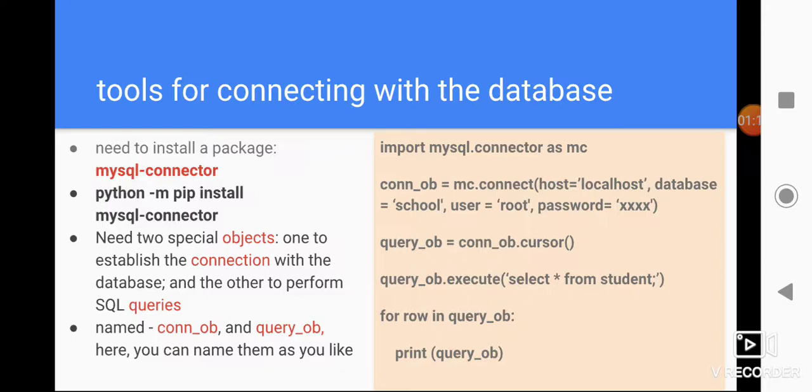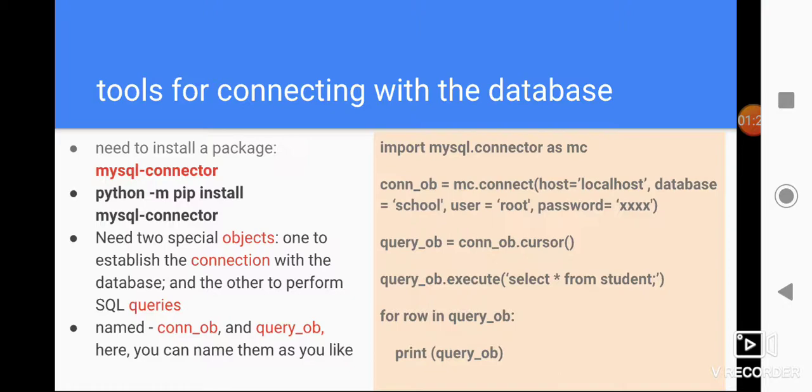Once this package has been installed, you have to import the MySQL connector module from this package into your program using the import statement as shown in this example program.